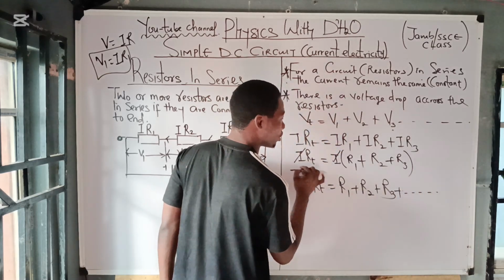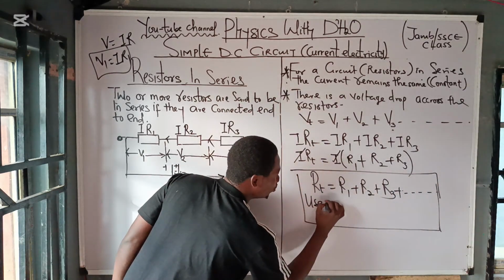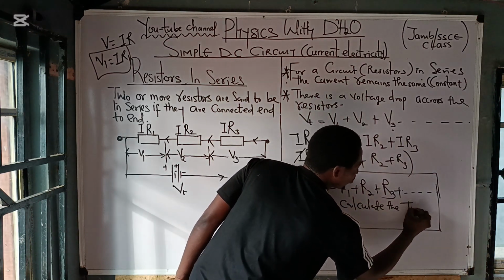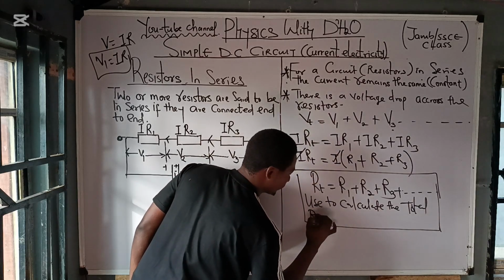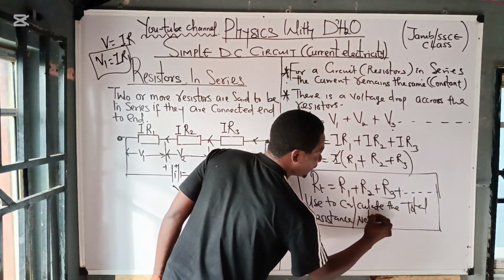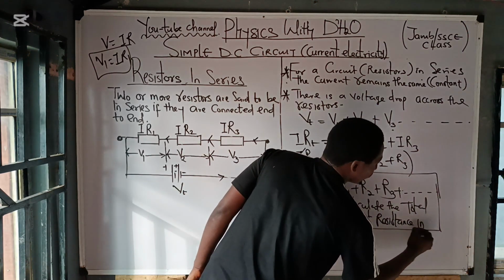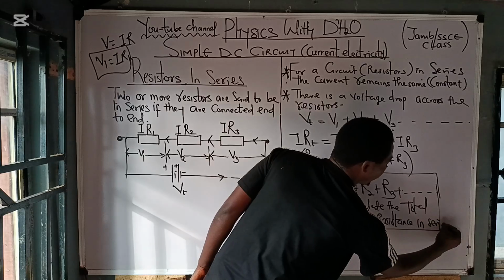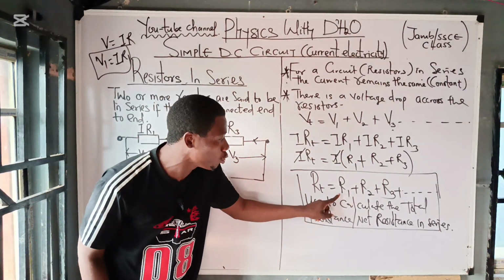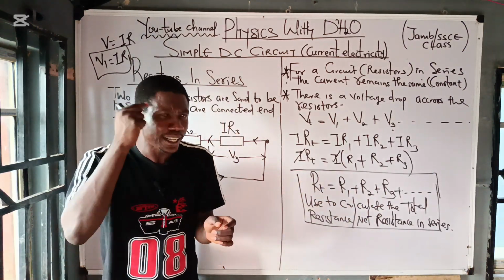What is this formula used to calculate? The total resistance, or net resistance, in series. It should be noted. So to calculate for two or more resistors in series, R total is equal to R1 plus R2 plus R3. Do you understand?